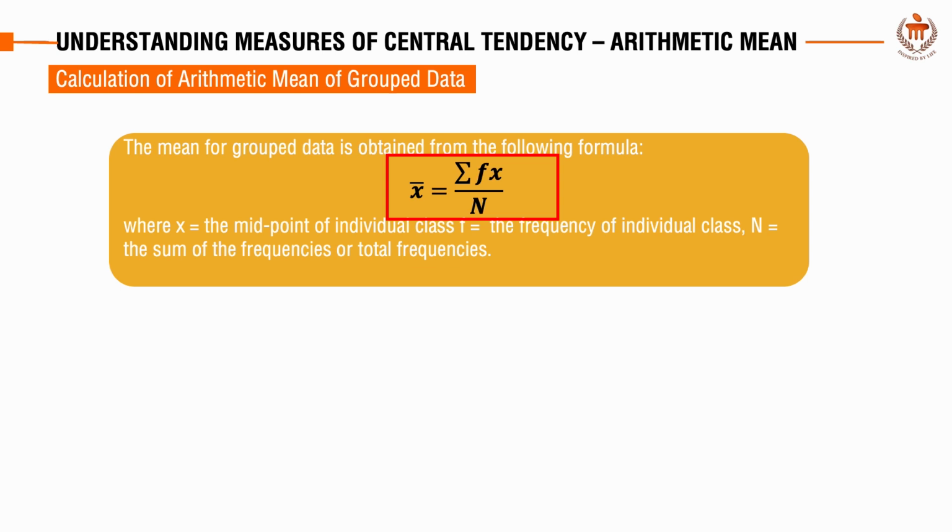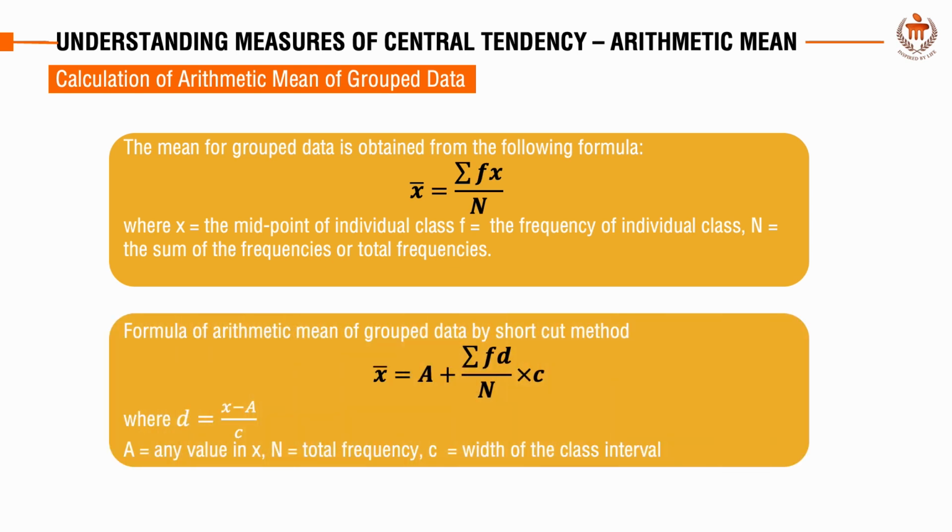That average is the x value, and when it is multiplied by the frequency of the observation, and the total sum of that is divided by the total sum of frequency, we get the arithmetic mean value.